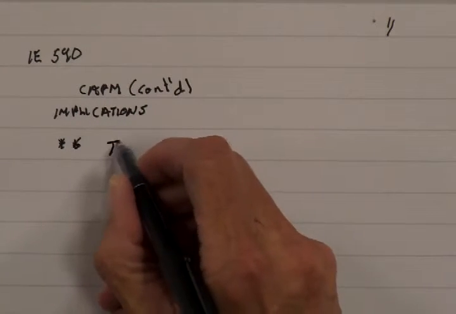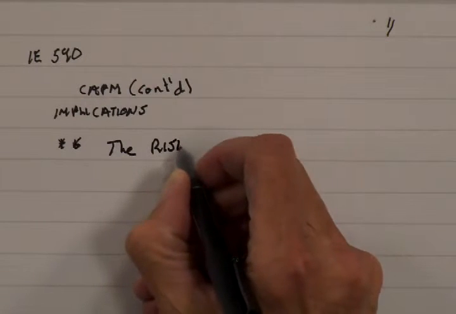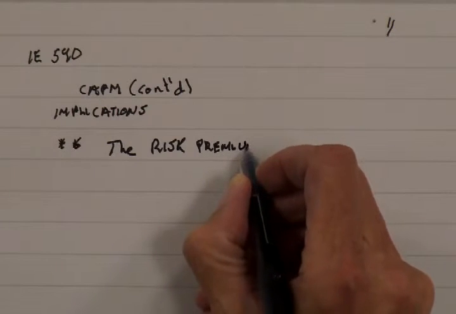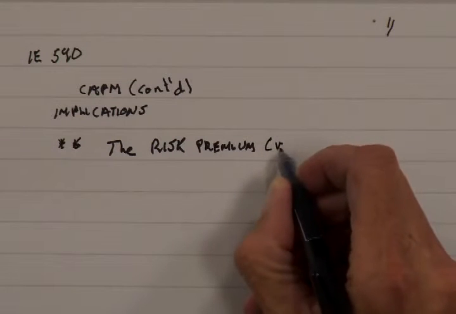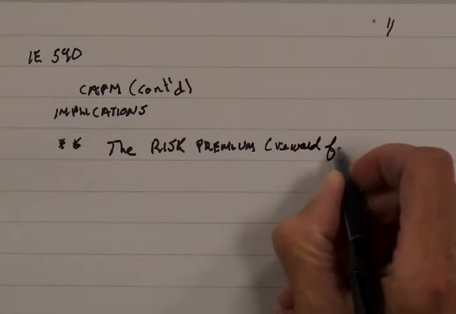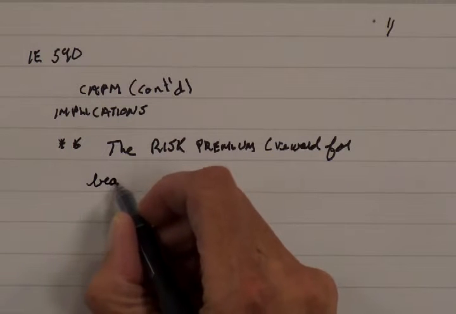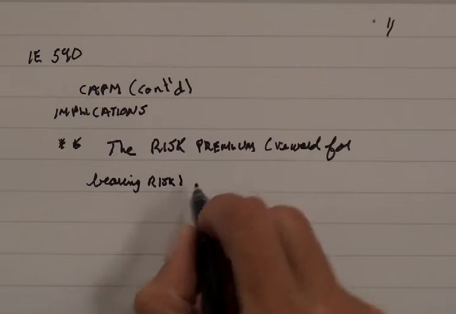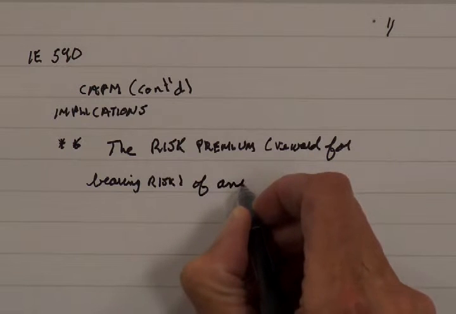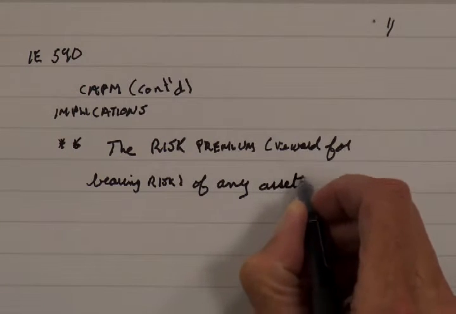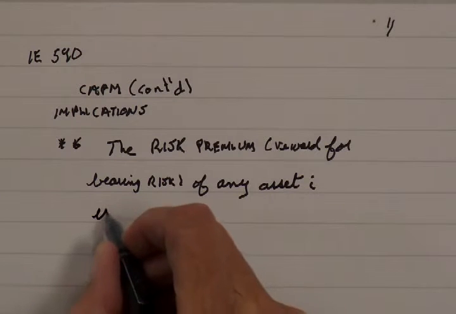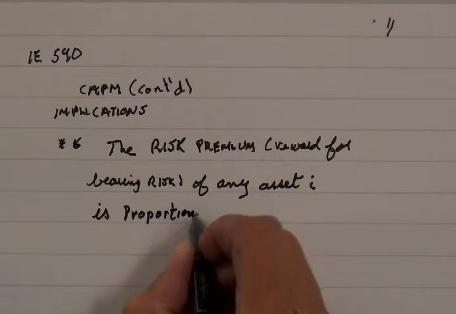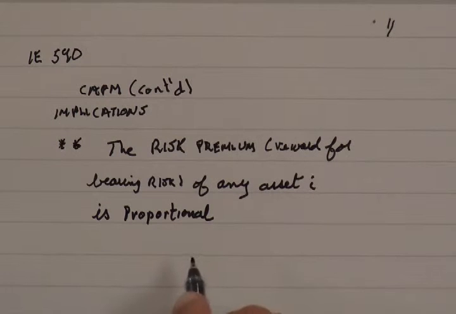It says the risk premium, which is the reward for bearing risk, of any asset I is proportional to the risk premium of the market portfolio.